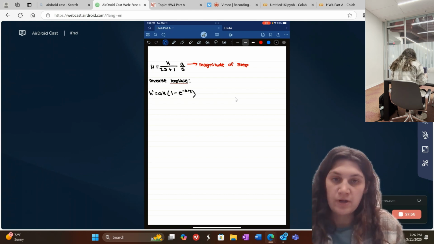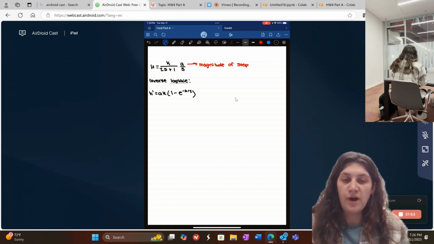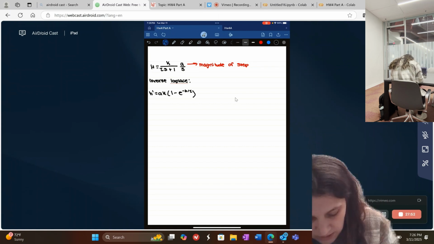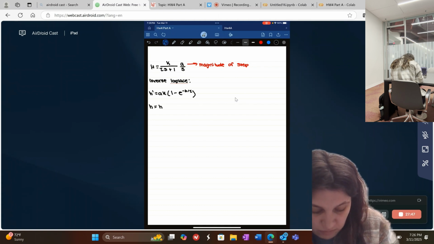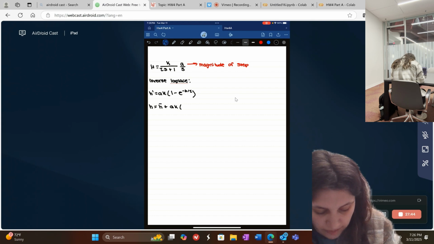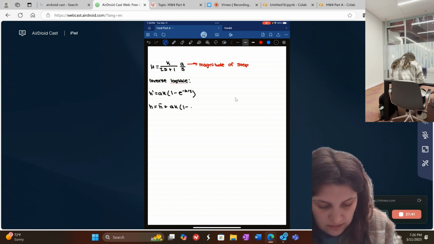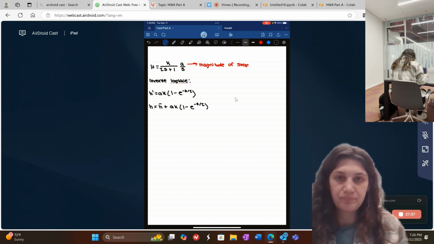But what we really want here isn't h prime, we want h. So to change that, we just say that h is equal to h bar plus AK times 1 minus e to the negative t over tau power.